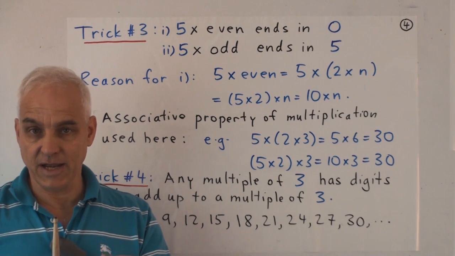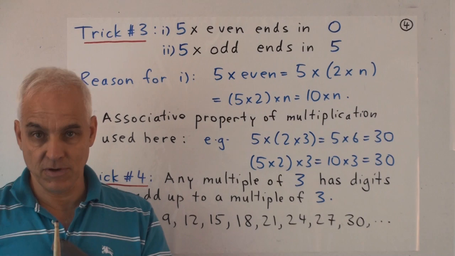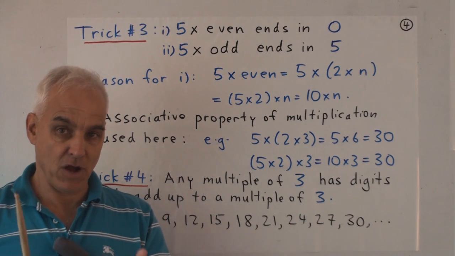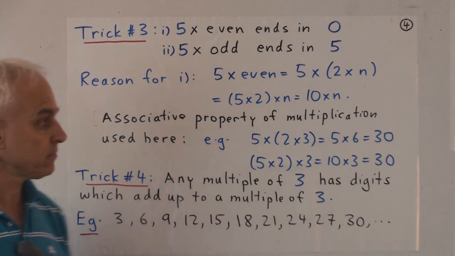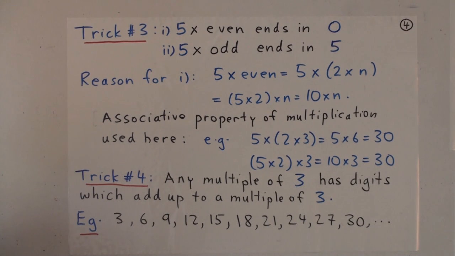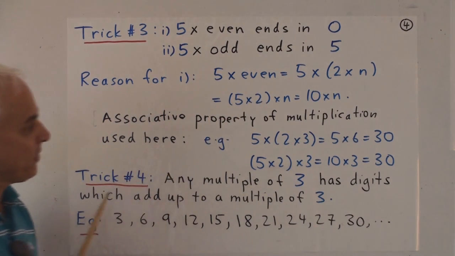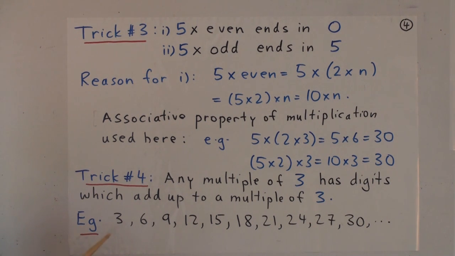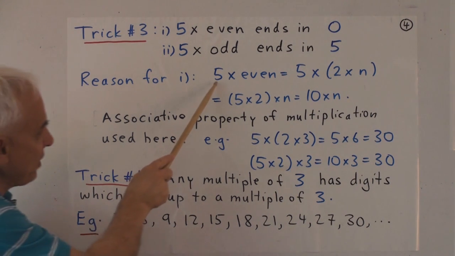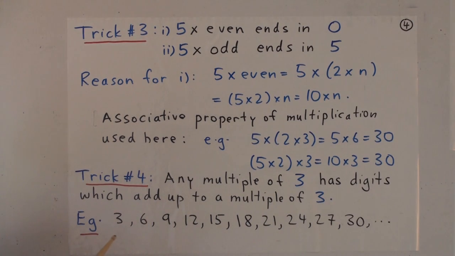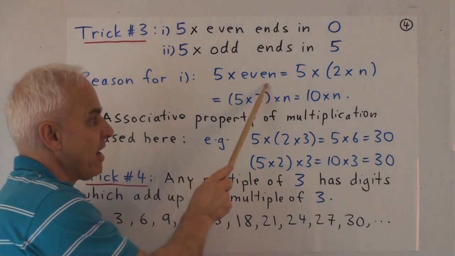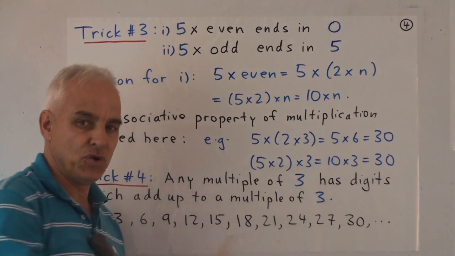So you can see they're alternating, ending in 5 or ending in 0, depending whether we're multiplying by an odd number or an even number. And an explanation for, say, why 5 times even ends in 0 could be given this way. If you have 5 times an even number, well, an even number is actually a multiple of 2.